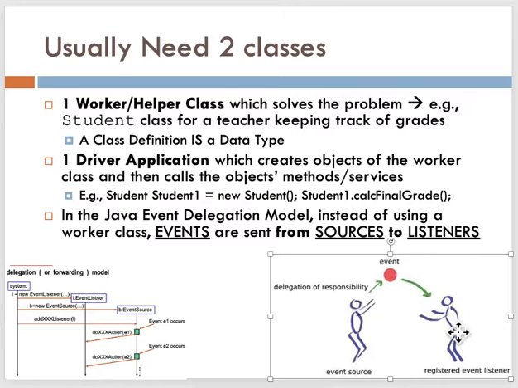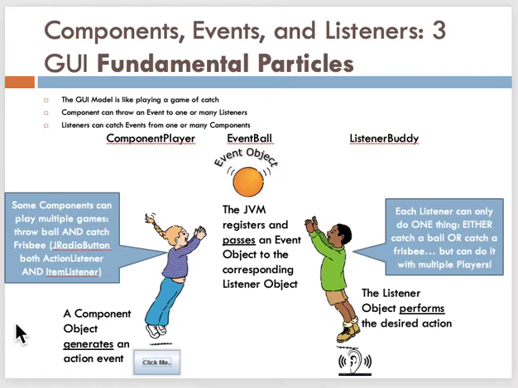The listener object is registered with the event source, the component object like the JButton, and as soon as the component generates an event object that the listener receives, it immediately responds and carries out the actual action that you have. So the GUI model is very much like this idea of playing catch.